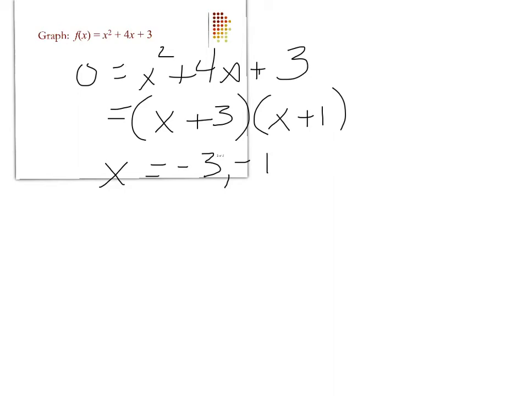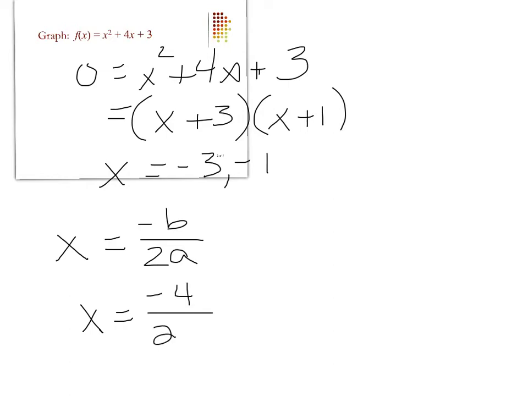Now if you think back to your Algebra 2 days, to find the max or min of a function, you would need to use the equation x is equal to -b over 2a. So in this equation, the x value will be -4 over 2 times 1.